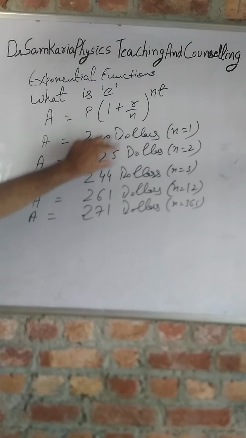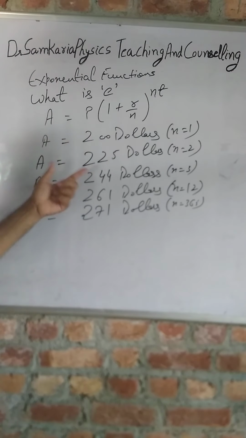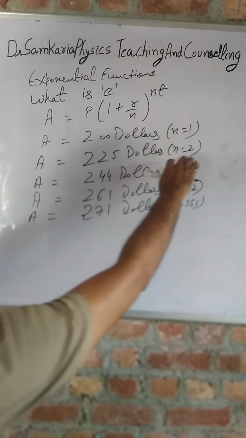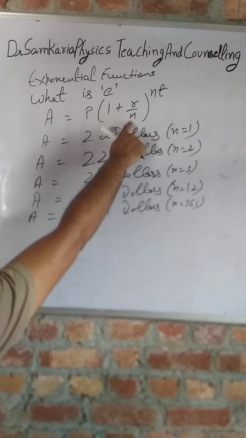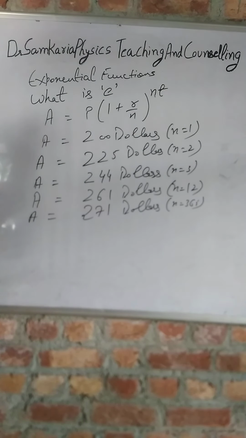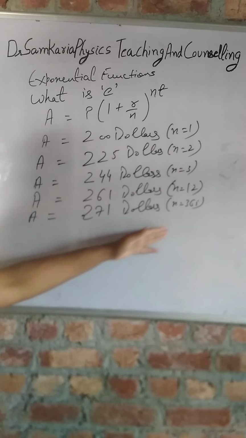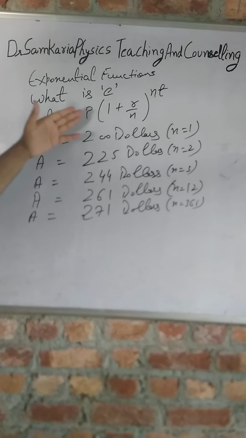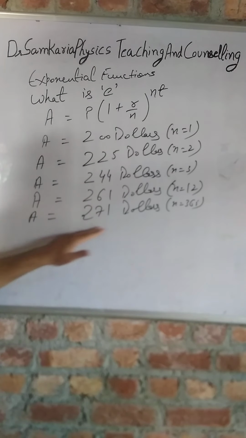You can check this from this formula, because for compounding twice you have to put n is equal to 2. And if we compound it daily, that is because in 1 year there are 365 days, then instead of the $200 that I am getting for n equal to 1, I will get $271.